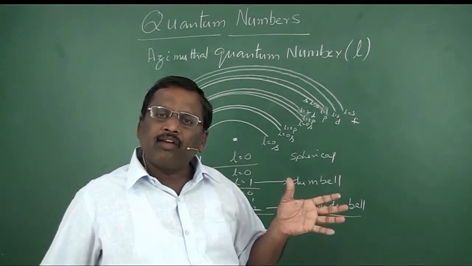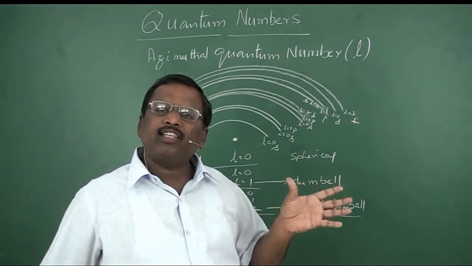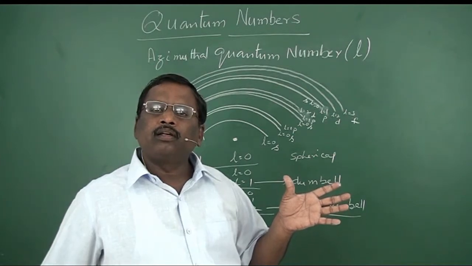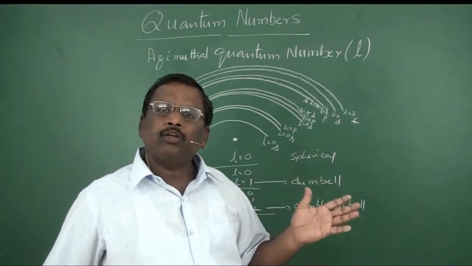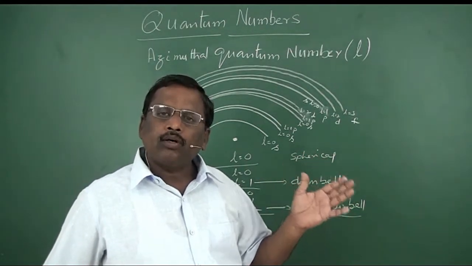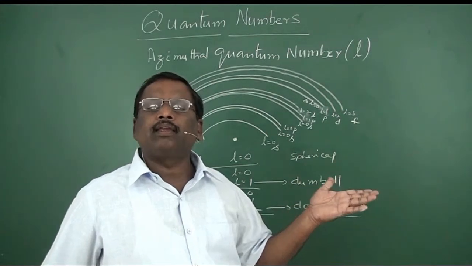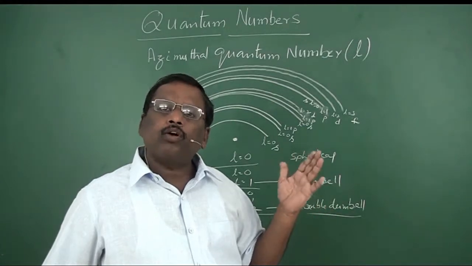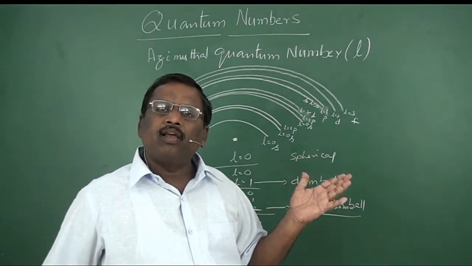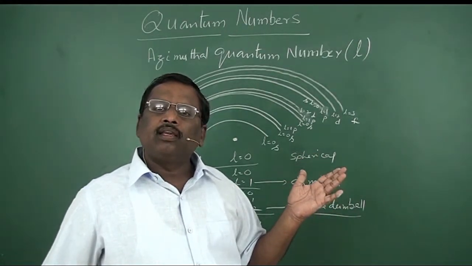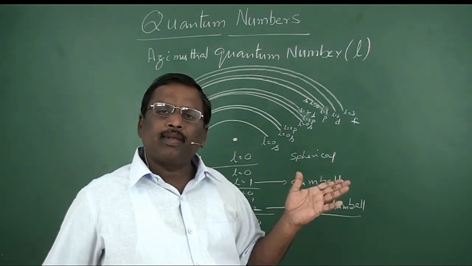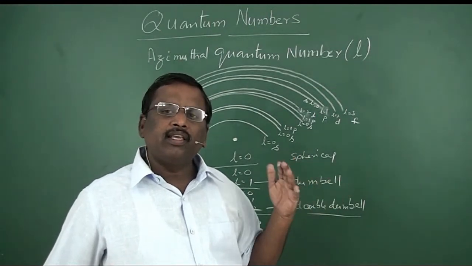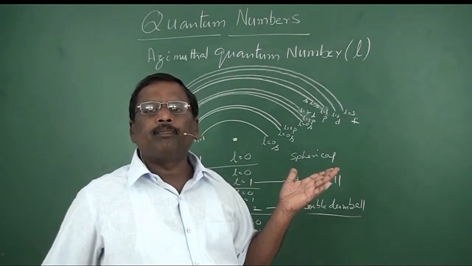In the fourth energy level, we have 4 sub-energy levels. Their values are l is equal to 0, l is equal to 1, l is equal to 2, and l is equal to 3. l is equal to 0 is s sub-energy level. l is equal to 1 is p sub-energy level. l is equal to 2 is d sub-energy level. l is equal to 3 is f sub-energy level.